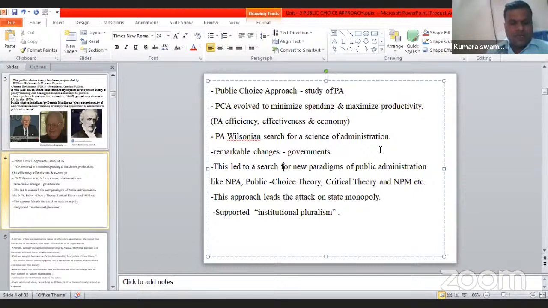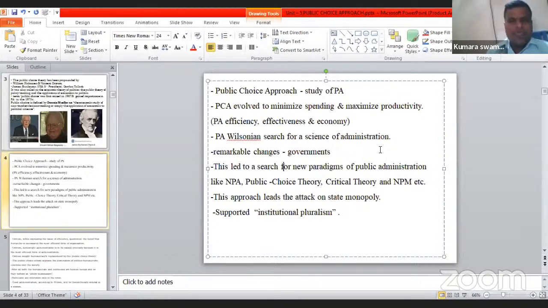The proponents of the public choice approach questioned the assumption that bureaucracy is neutral and rational. According to them, bureaucrats are self-aggrandizing or manipulate public resources and have their own interests different from the public interest.